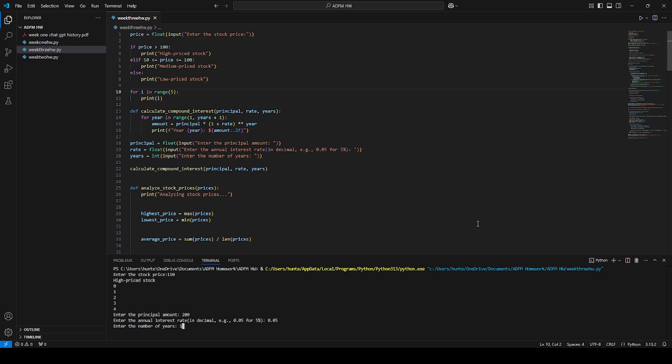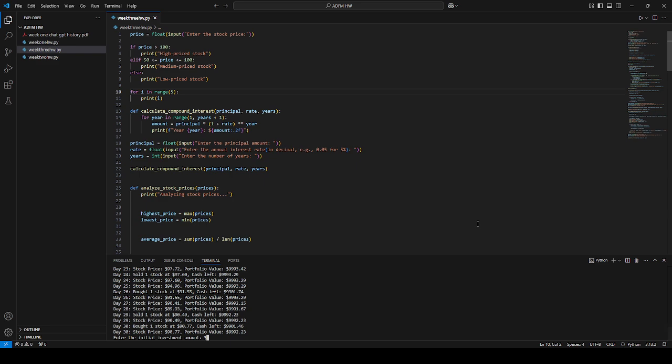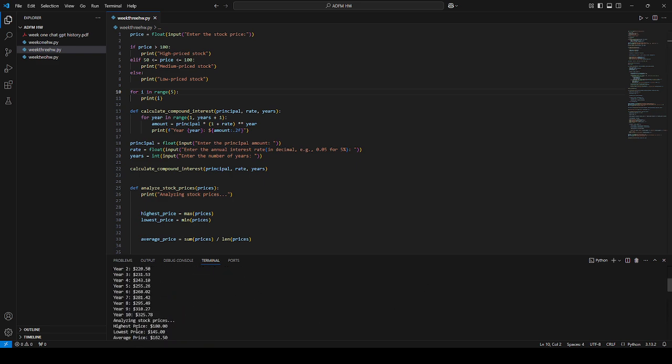Number of years, let's do 10. And it gives us the sequence of the years 1 through 10, and it tells us basically the interest that we gain.